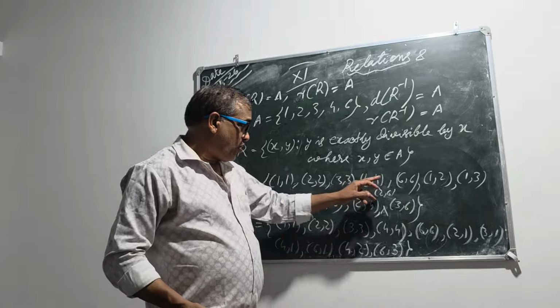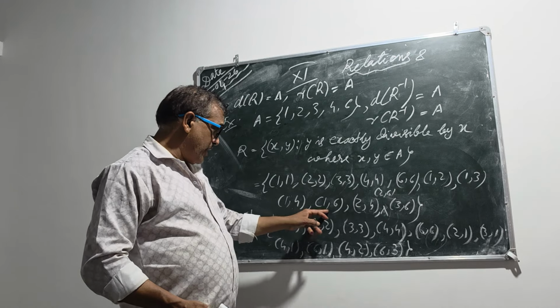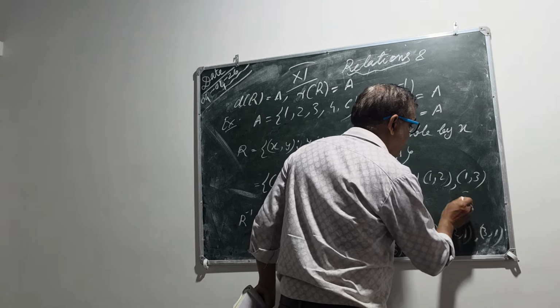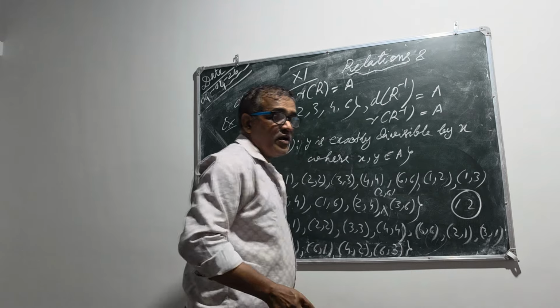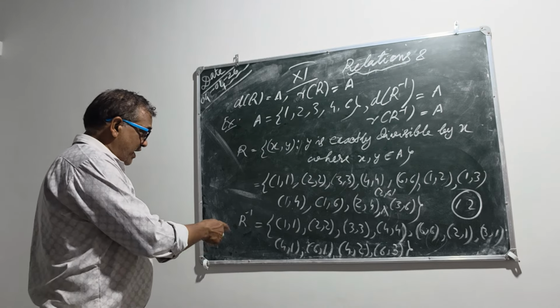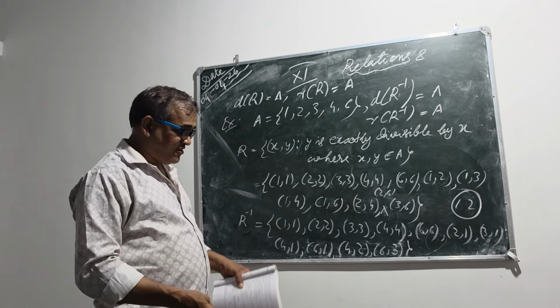There will be 12 elements in relation R. Similarly, in the case of R inverse also there will be 12 elements.